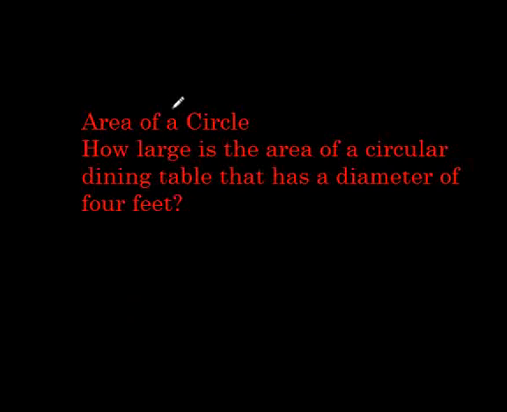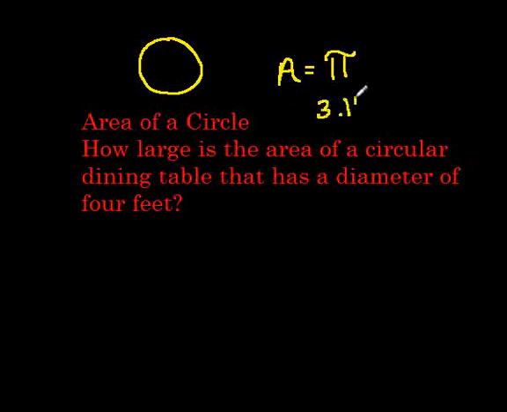For this example, we're going to talk about the area of a circle. Let's draw a circle. The formula for the area of a circle is pi, and remember that the symbol pi represents 3.14, times r squared. So it's pi r squared. R stands for the radius.